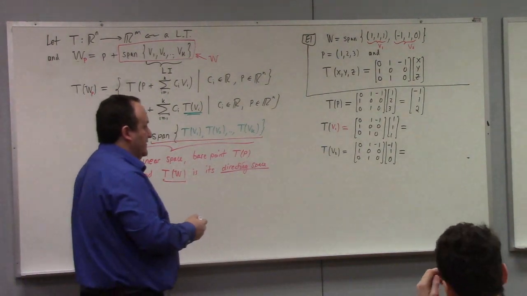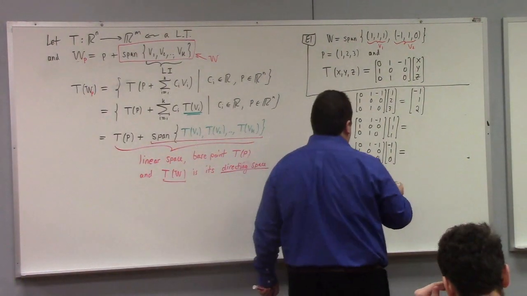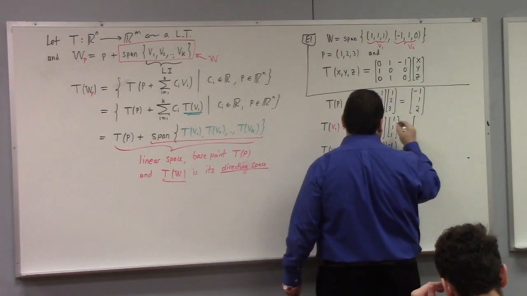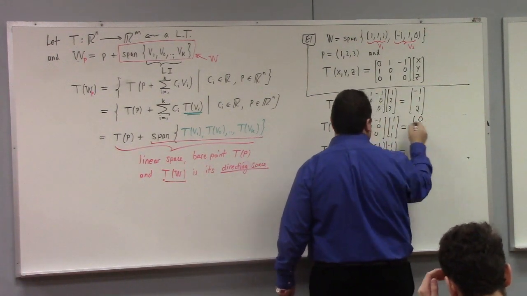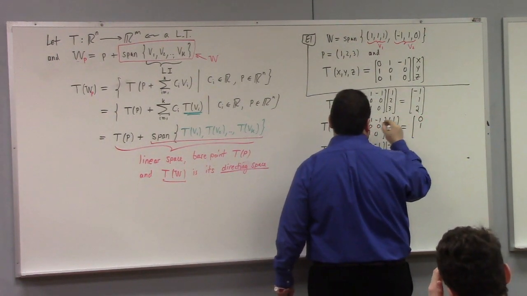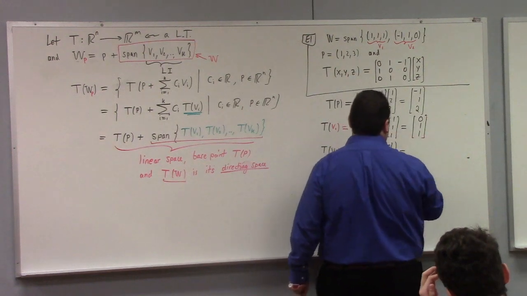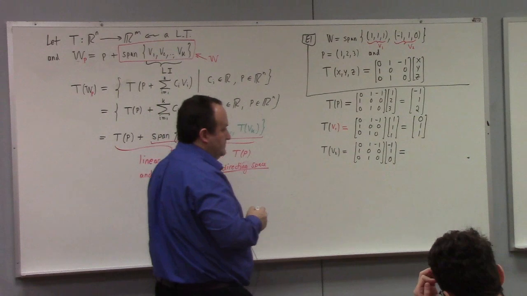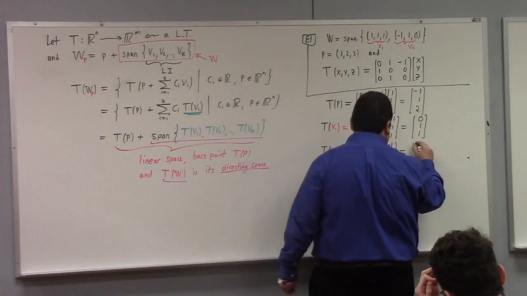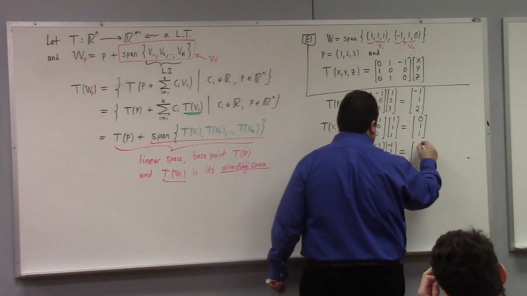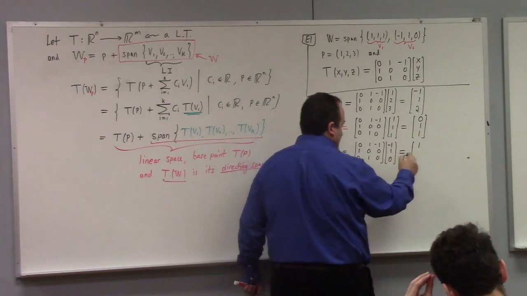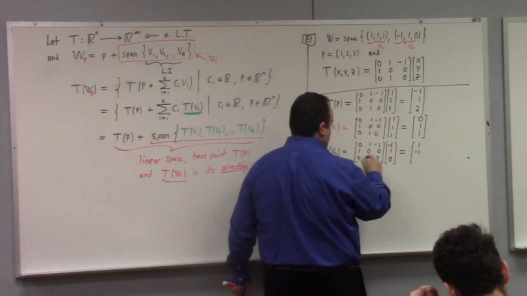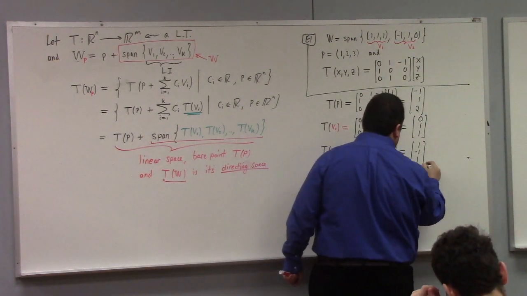So what's the situation here? What do we got? We got 0, 1, and 1. And how about T of V2? We've got 1, -1, and 1.